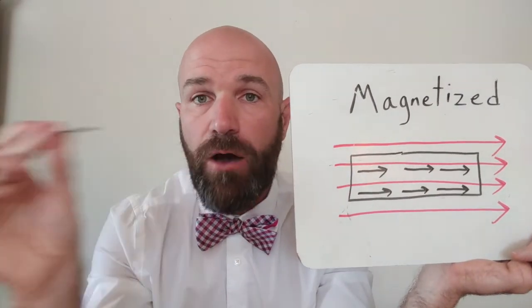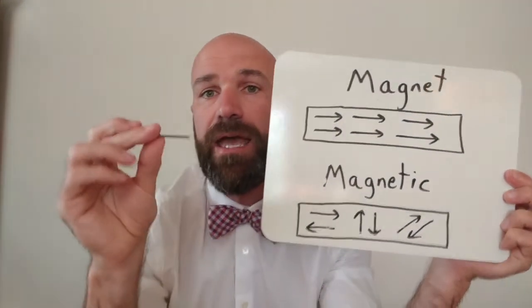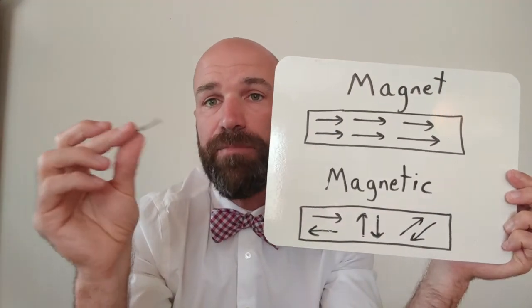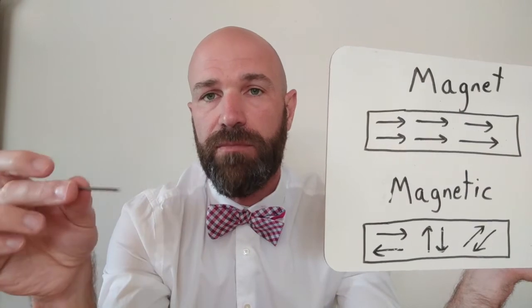Now, if I take it out of this magnetic field, it goes back to its original spins, all right, and it becomes not a magnet, but it has the ability to become magnetized. It has the ability to become a magnet. So some of our materials, while they're not always a magnet, are magnetic, and they can become magnets. All right.